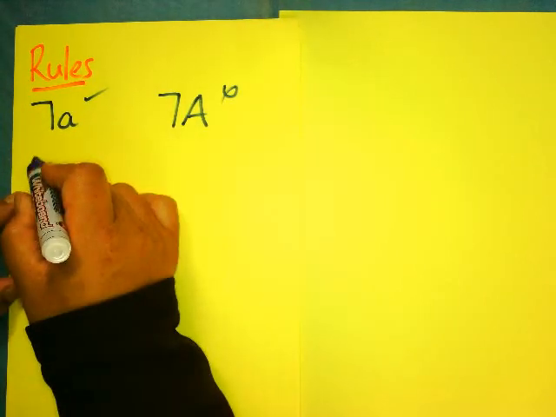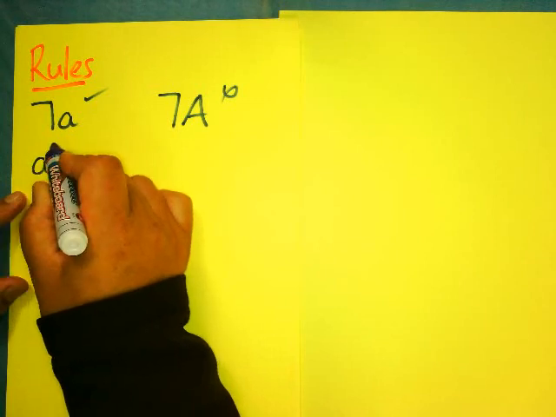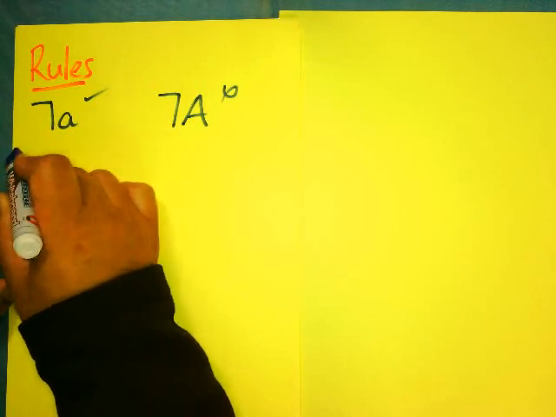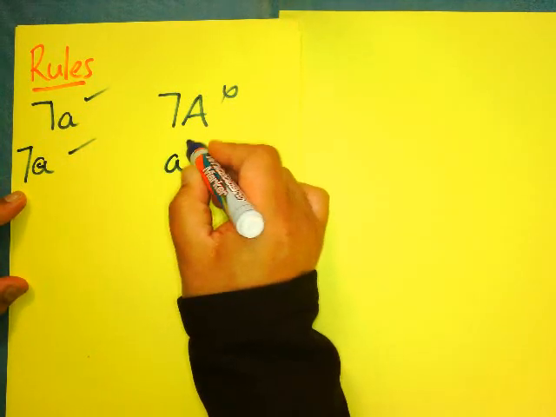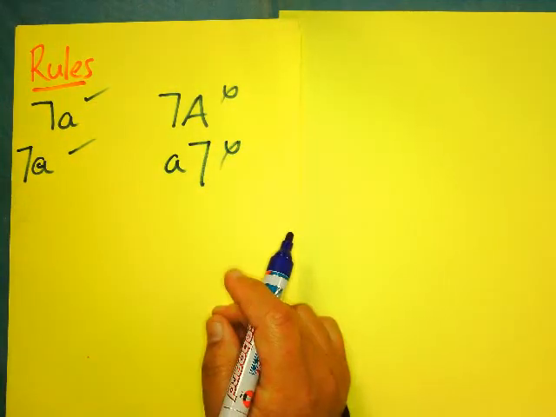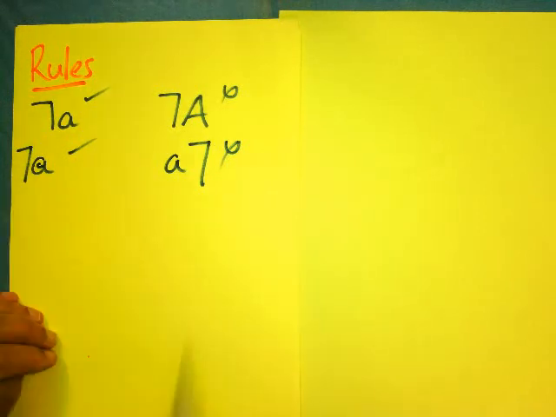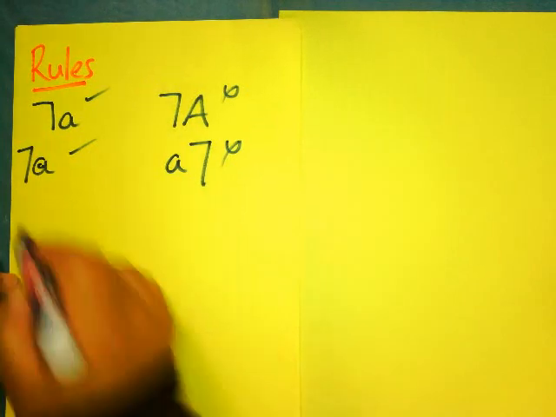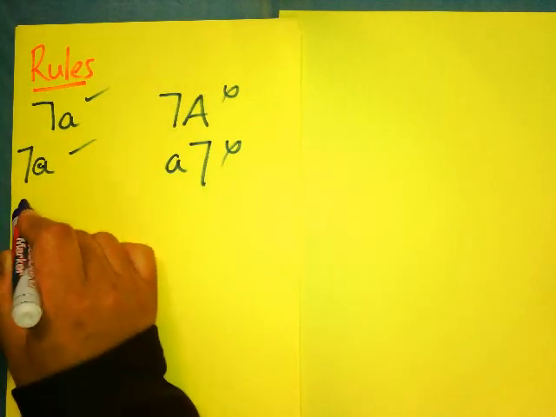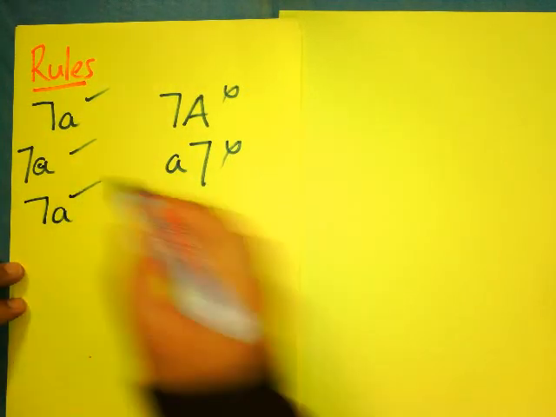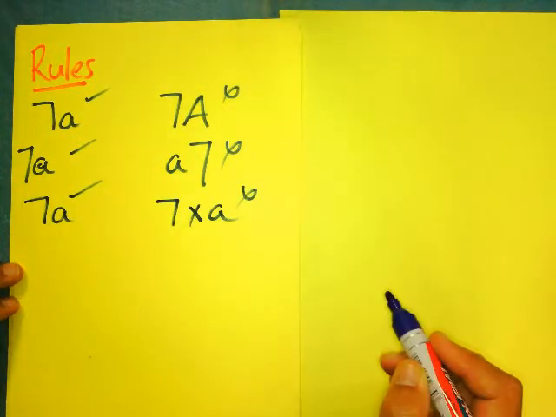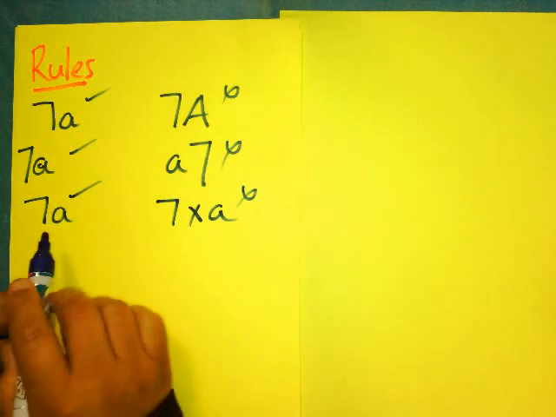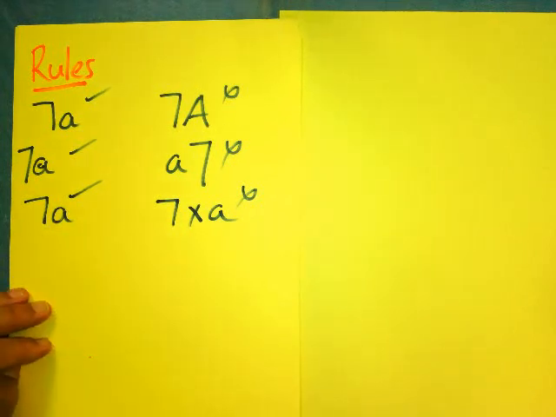The second one is we write 7a, that's fine, but not a7. So the second rule is that we write the number first and then the letter. Third rule is we write 7a. We don't write it like 7 multiplied by a. So 7a means 7 multiplied by a.